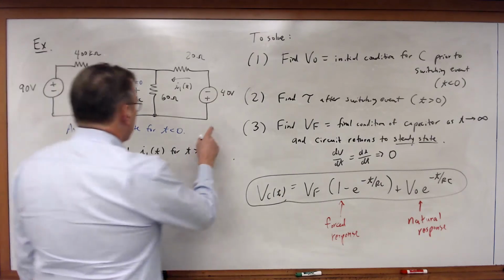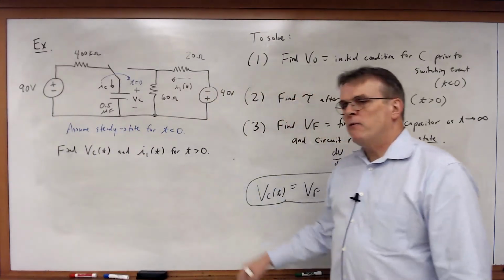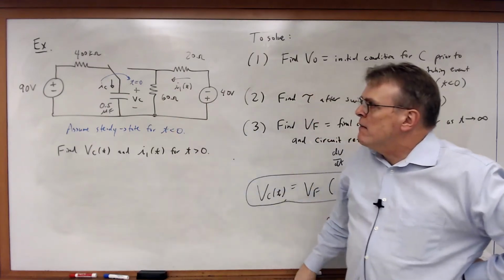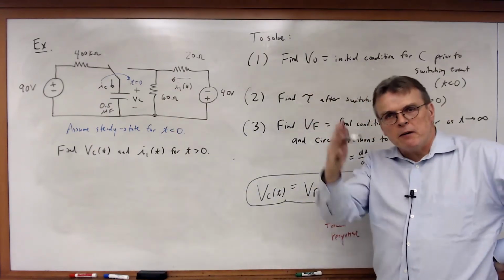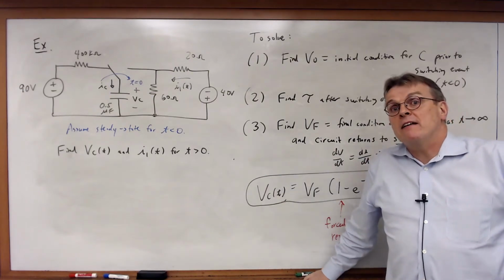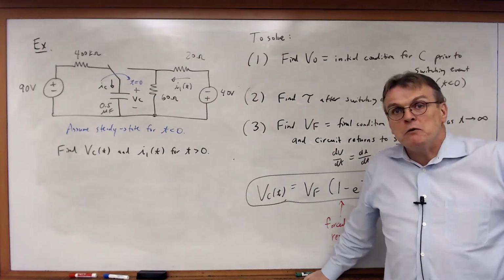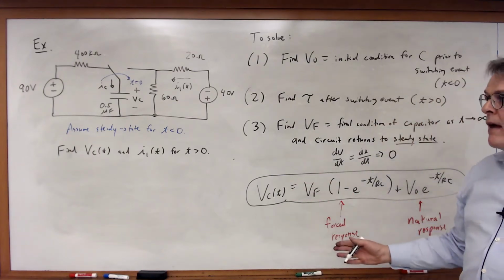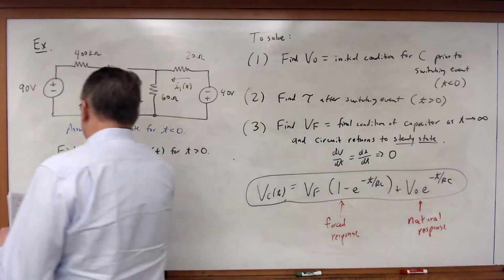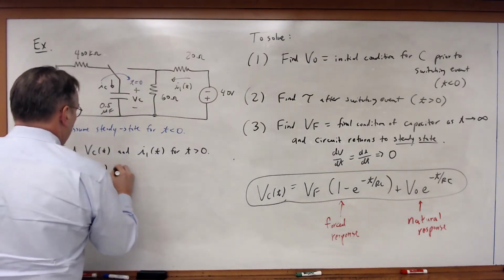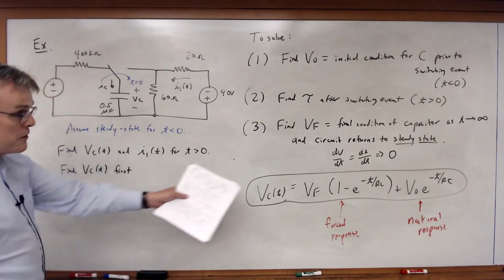All right, what's our approach? Now before, when we looked at other quantities besides the voltage across the capacitor, we had a very simple rule. Find VC first, then find the other quantities, but you can't use the solution. Same thing's true here. We're going to find VC first using the general solution.